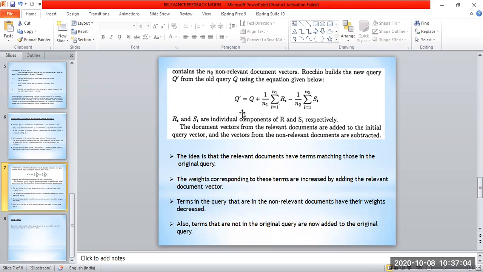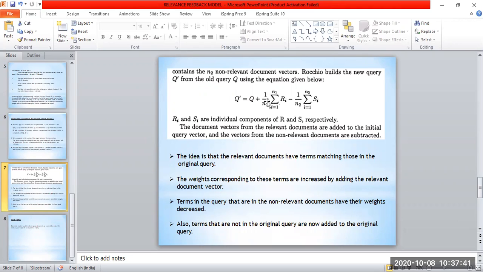Let's see what we are doing in this formula. Rocchio builds the new query Q dash from the old query Q using the given equation below. In general, we are adding the relevant document vectors to the old query. You can see Q plus the summation of Ri, the individual vectors in the relevant set.